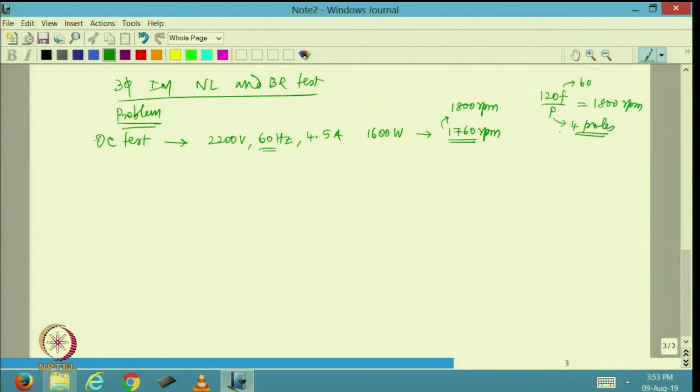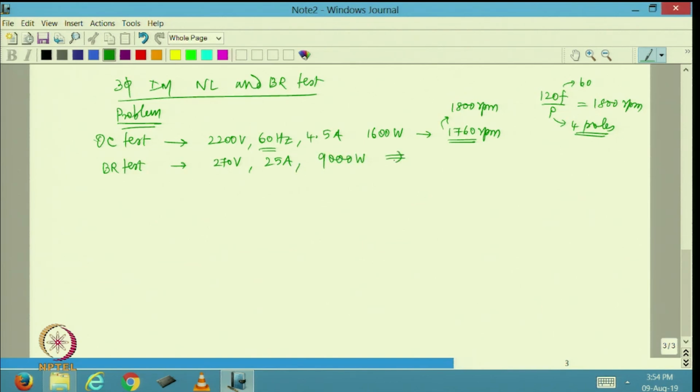So, already we have deduced that the poles have to be 4 poles. Then block rotor test reading is given somewhat like this. It is having actually 270 volts as the line voltage, and I am going to have 25 ampere as the line current, and about 9000 watts is the reading.